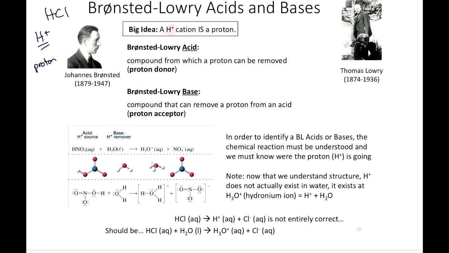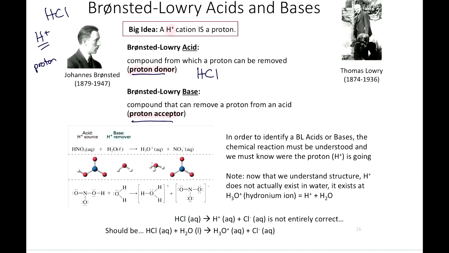So a Bronsted-Lowry acid is a substance that can donate a proton. It donates protons. I always think of HCl as my prototypical acid. HCl can give up its H+ and give it to something else. That is why it's an acid. Versus a Bronsted-Lowry base is a proton acceptor.